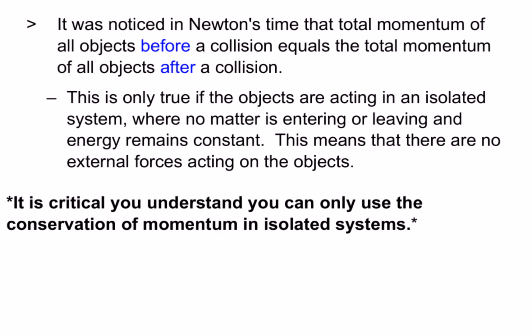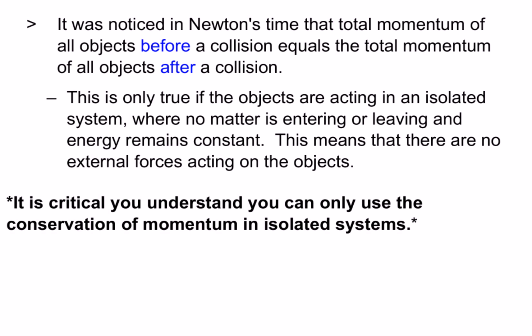Back in Newton's time, they noticed that the total momentum before the collision of all the objects, so if there are two objects colliding, the momentums of each of them added together before, is also equal to the total momentum afterwards. So we basically get the conservation of momentum. We talked about conservation of energy in Physics 20.